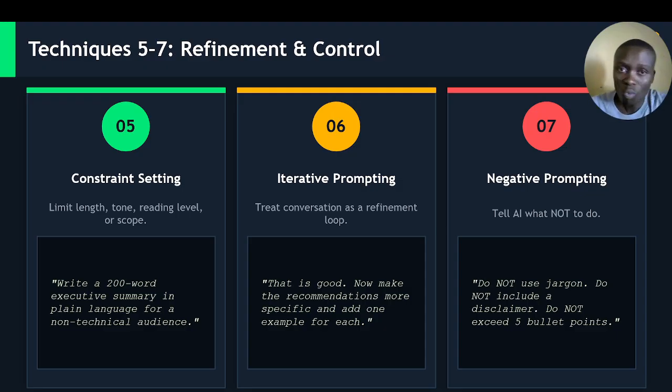You're telling it what not to do. Then ChatGPT, Claude, whatever model you're using, will not do those things and will produce the output based on the guidance you've given it. That is what we call negative prompting.